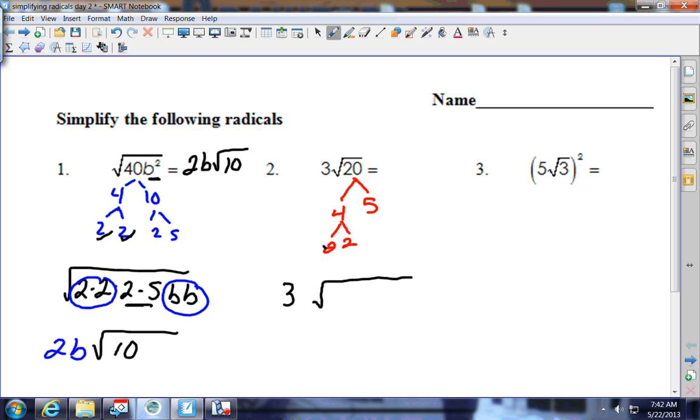Square root, what's on the inside? 2, 2, and 5. What comes out? The 2 does. So right here, the 2 comes out here. The 5 stays inside. Whenever you have numbers out here, you multiply them together. So you get 6 square root of 5.